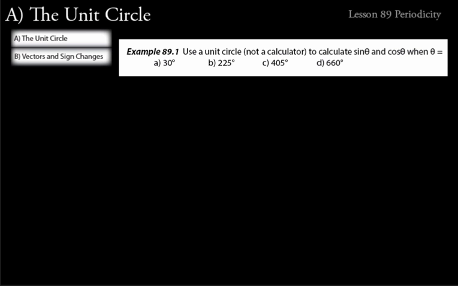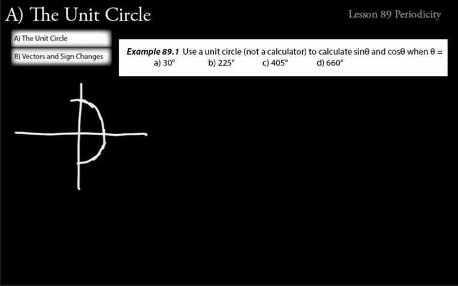So example 89.1: use a unit circle, not a calculator, to calculate sine theta and cosine theta when theta is equal to, a, 30 degrees. So let's just start with a there, and let's go ahead and just draw a unit circle. So we'll make an xy axis here, and to the best that we can, we'll sketch in a unit circle here.